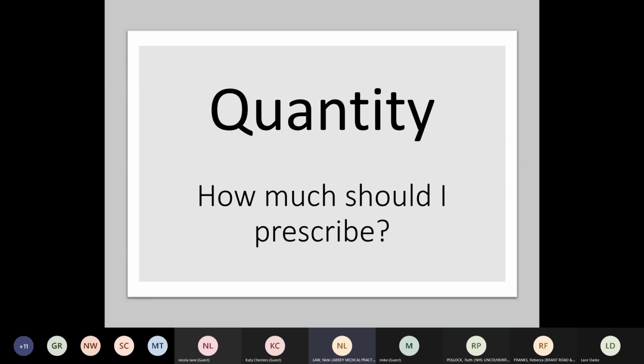Someone's typing. Yeah, so Zoe's put on the chat, there's a guide in the BNF, which there is, and that's what I've copied at the bottom on that treatment sheet, the little bit in the bottom left corner. That's the guide in the BNF for typical quantities. So that's a good place to start.